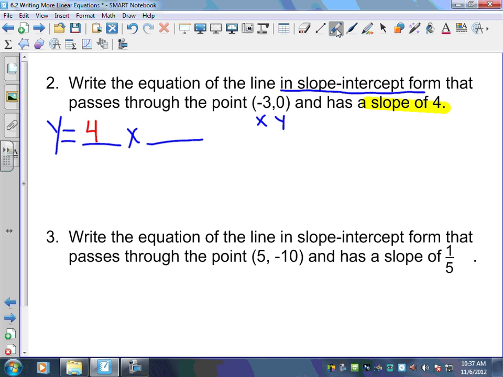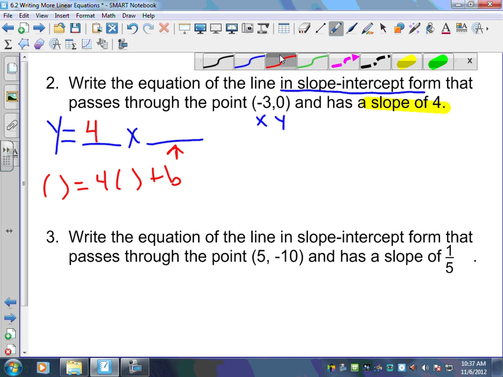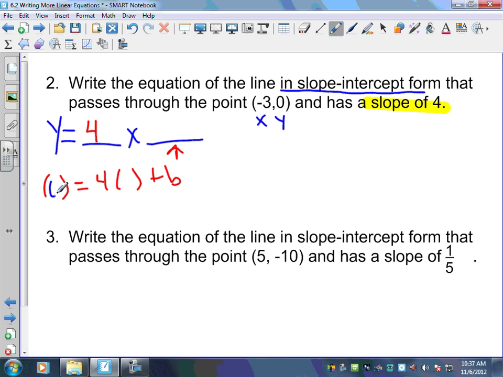Okay, well, the first thing you should have done was you should have substituted for y equals 4. You're going to substitute for x, and then I write in plus b, because this right here is where my y-intercept is, and y-intercept is b. So what is the value of y? Y is 0. Y goes right here by itself on the equal sign. X is -3. So now I get 0 equals 4 times negative 3 is negative 12 plus b.